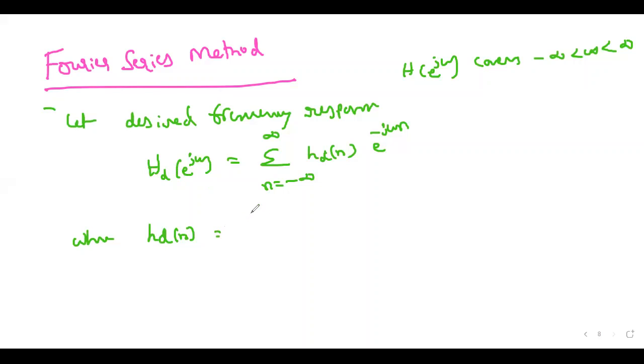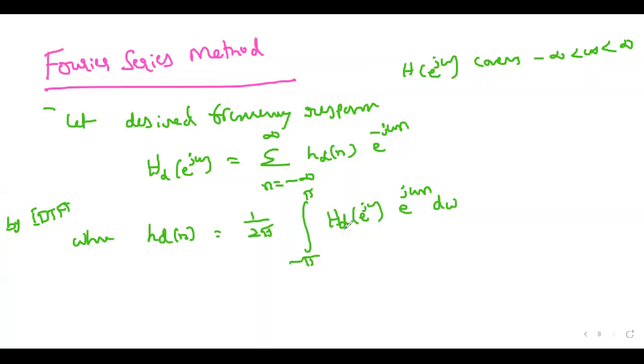They will give in the problem our desired frequency response. From this, we need to calculate Hd of n by taking the inverse DTFT. By the inverse DTFT formula, we have 1 by 2 pi integral minus pi to pi Hd of e power j omega into e power j omega n d omega.